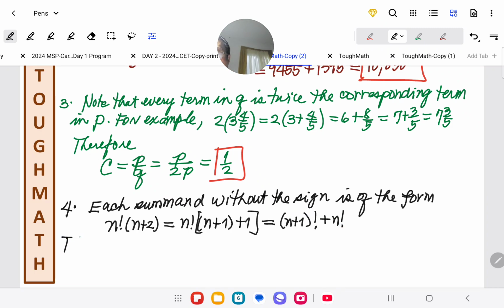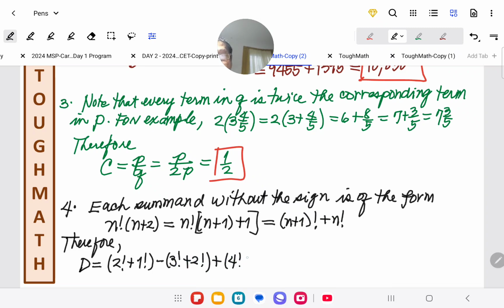Therefore, our D is equal to 2 factorial plus 1 factorial minus 3 factorial plus 2 factorial plus 4 factorial plus 3 factorial minus and so on.